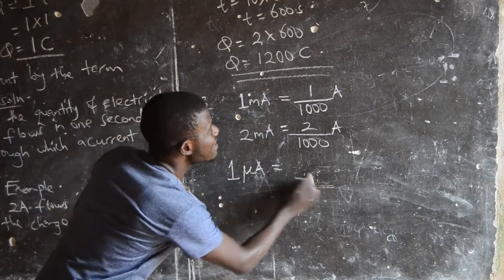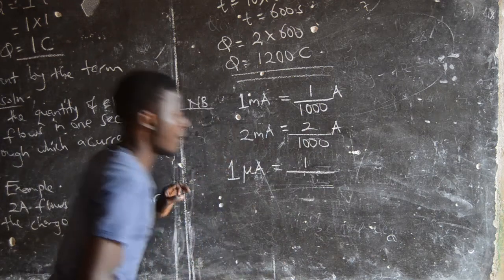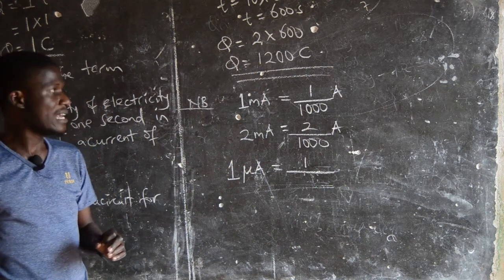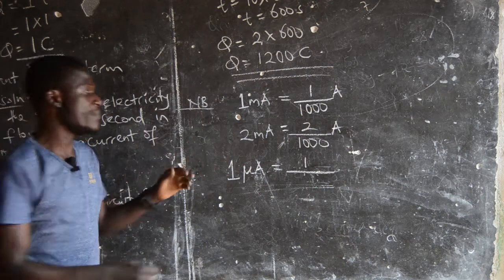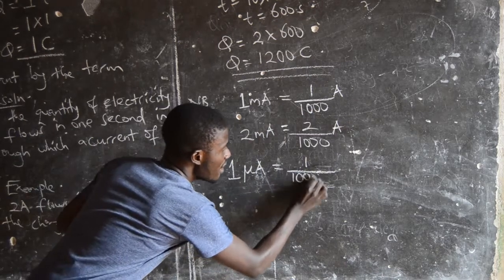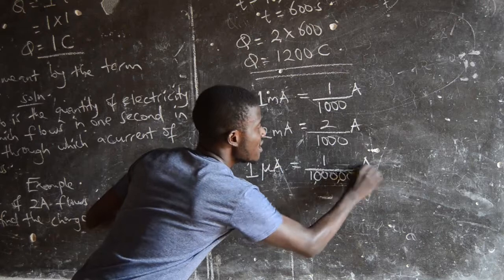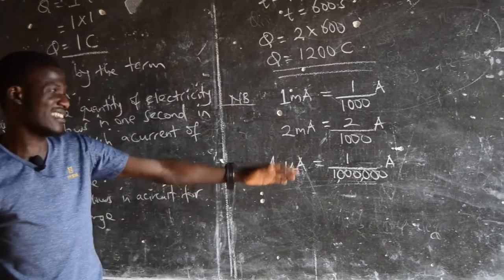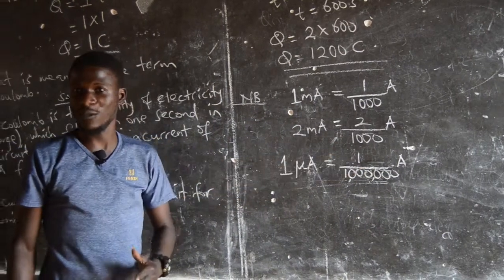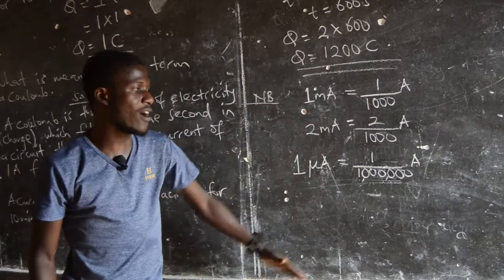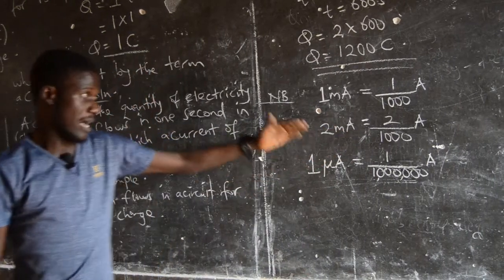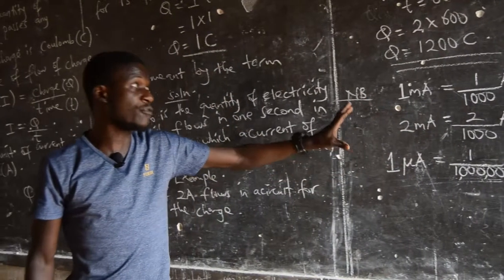That means it's the same as 1 over a million, which has 6 zeros, in amperes. Others just call it 1 times 10 power negative 6. You also do the same to convert to the SI unit, which is recommended. You must be careful about that.